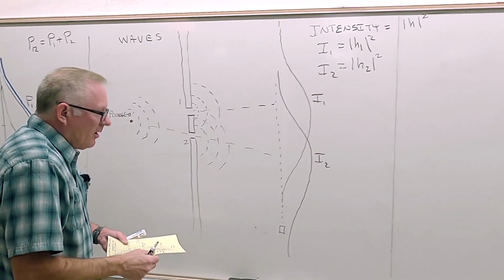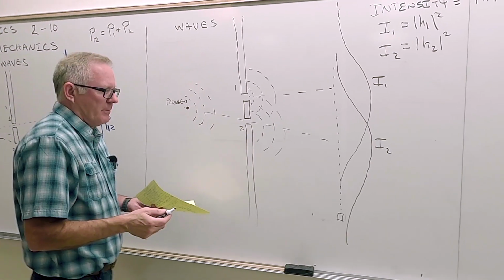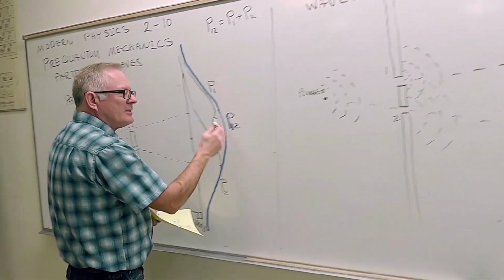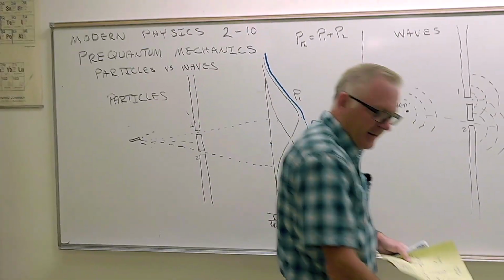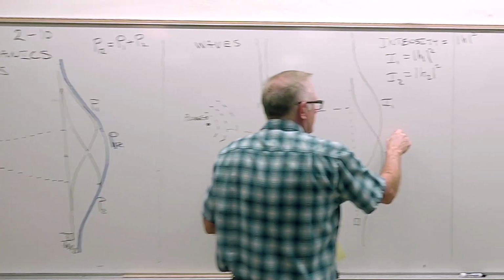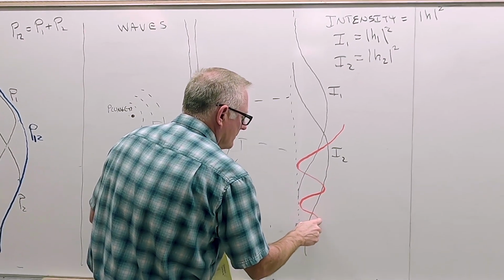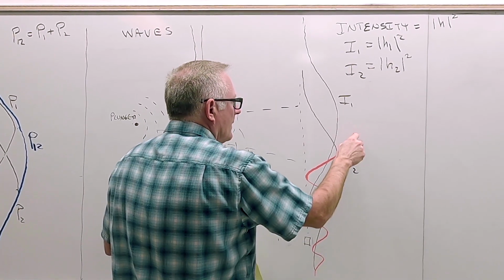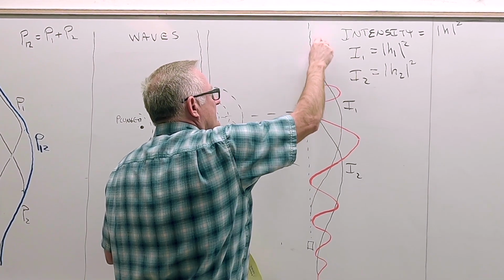Now, what happens if I open them both up? I do not get this blue pattern anymore right here. What I get is a pattern that looks like this.